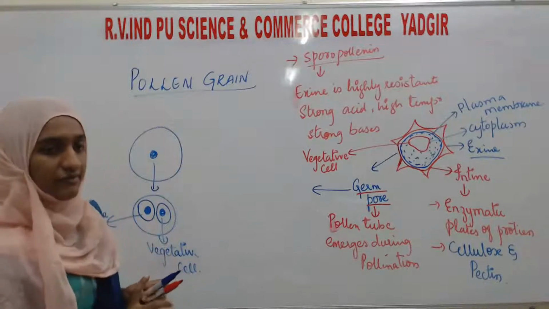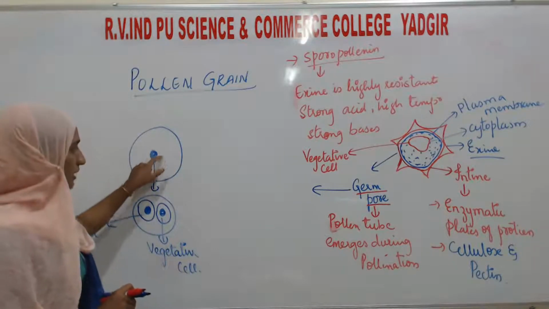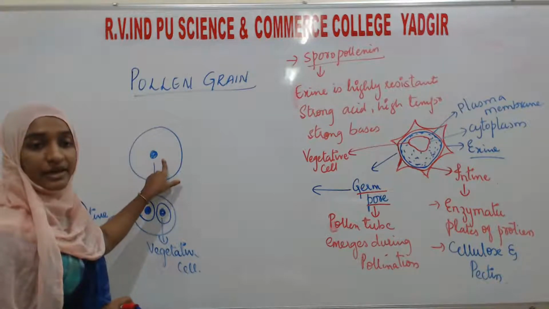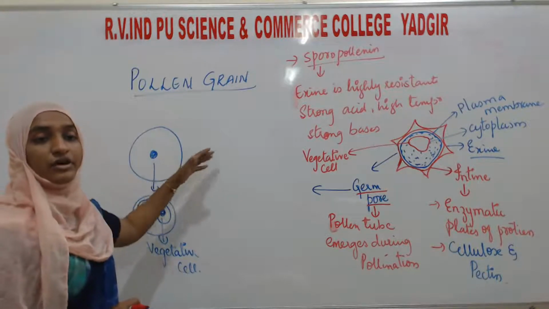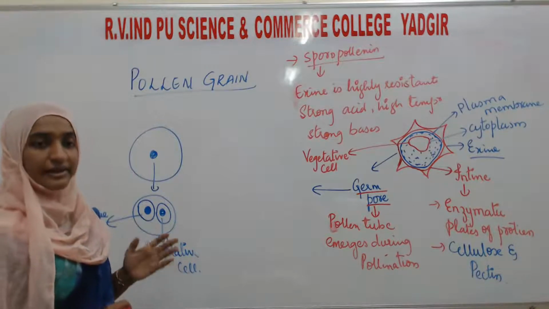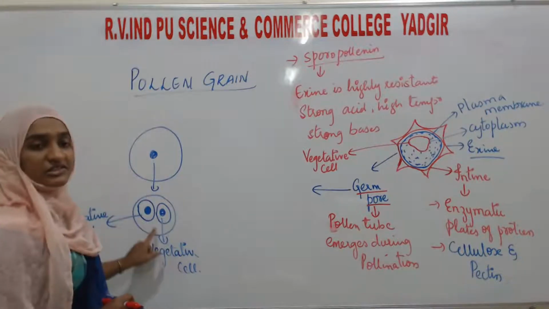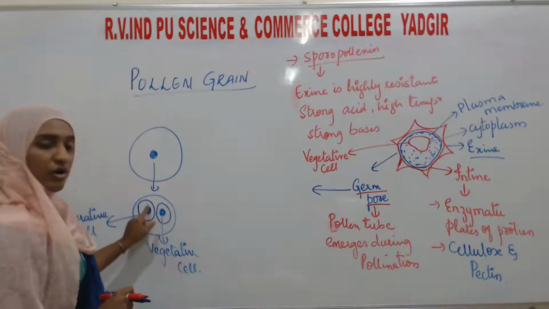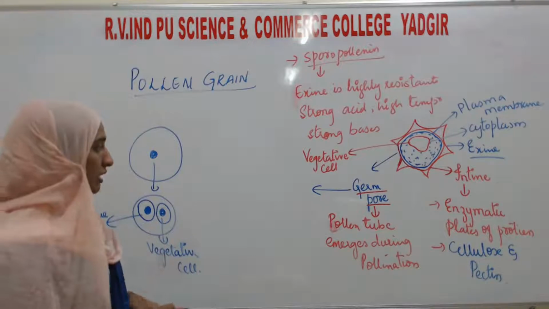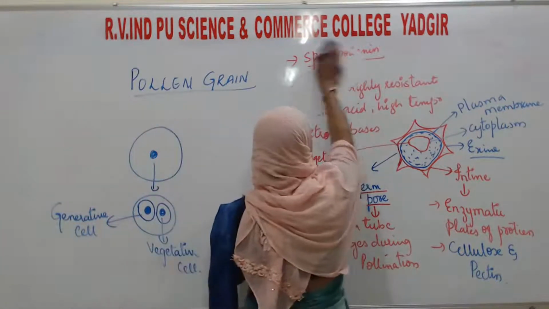How do the vegetative and generative cells develop? Inside this pollen grain, the nucleus will undergo division because the nucleus has the genetic material, that is the DNA. The DNA starts replicating, the nucleus divides, and they form cells inside the pollen grain. One is the vegetative cell, which is the larger cell.